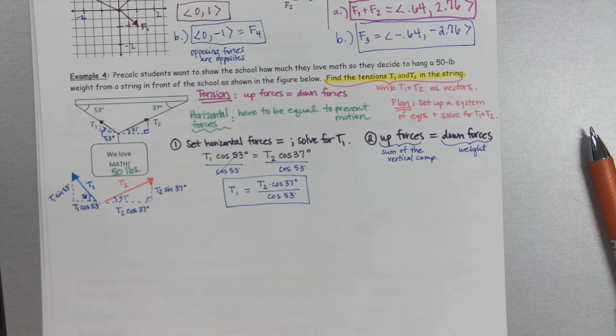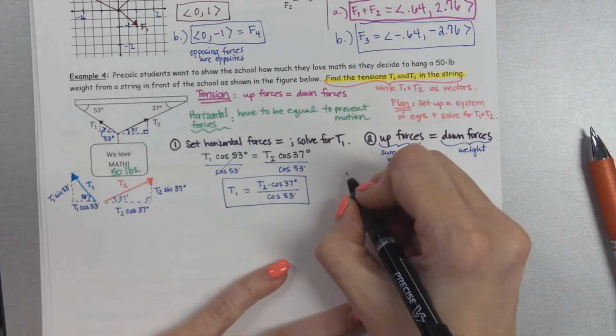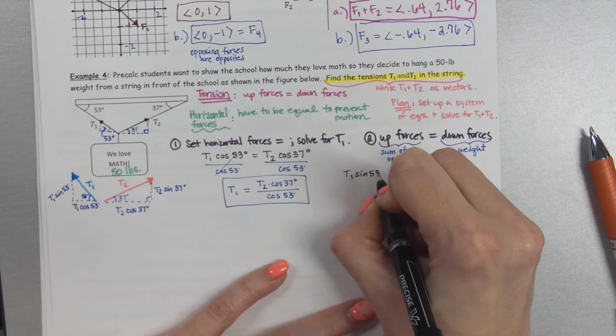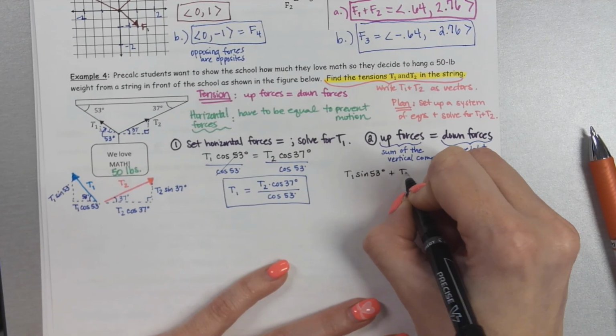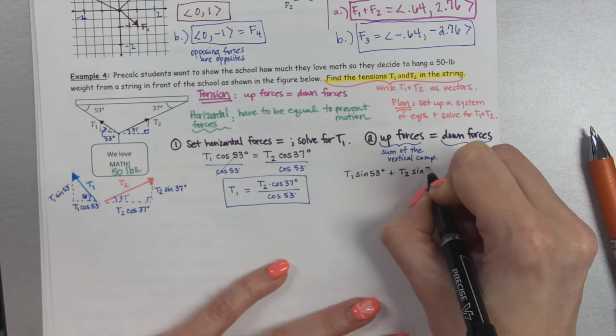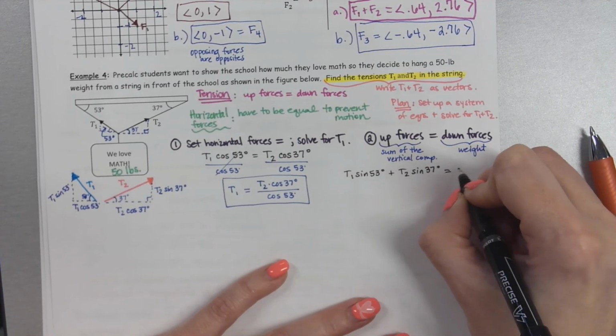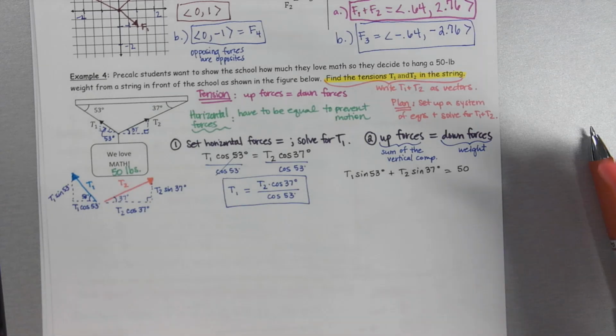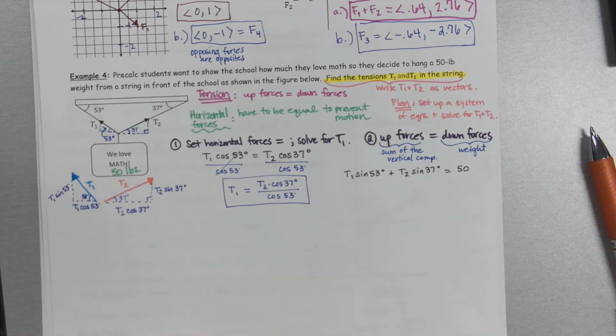All right, so the sum of the vertical components is just going to be our T sub 1 sine of 53 degrees plus T sub 2 sine of 37 degrees. Okay, it is going to be equal to 50, that 50 pounds. So our up forces equal our down forces.